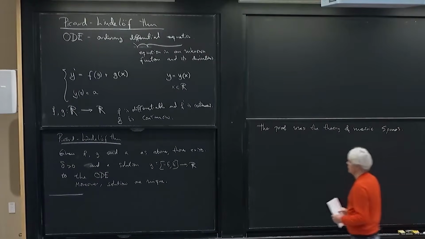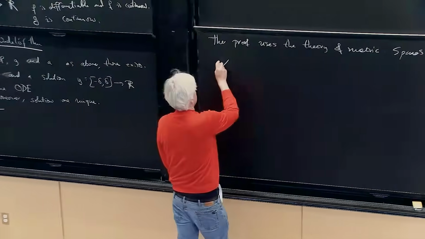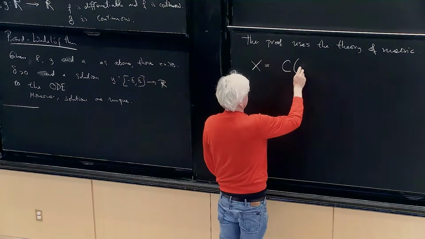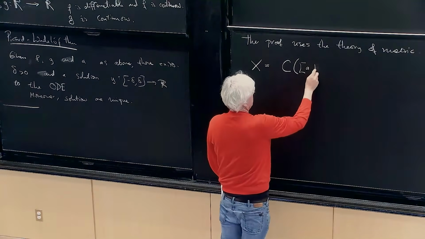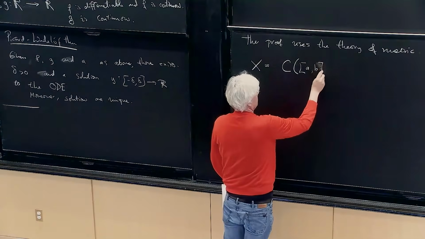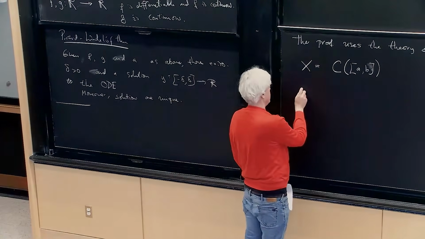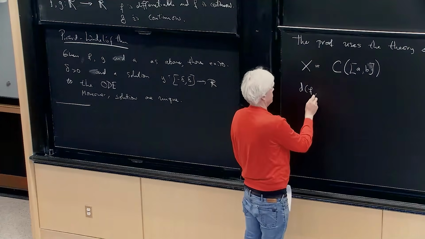And so it uses, in particular, the metric space of continuous functions on some interval here, right? And on the space of continuous functions, we have the metric that we talked about.